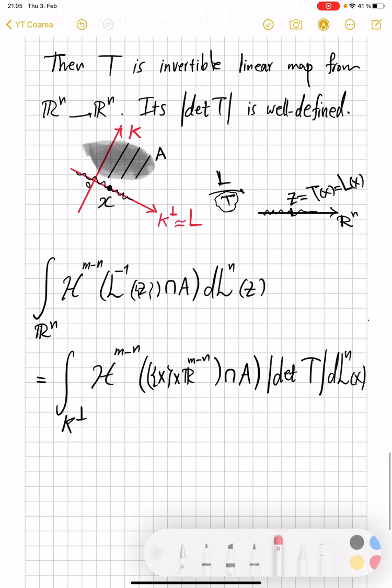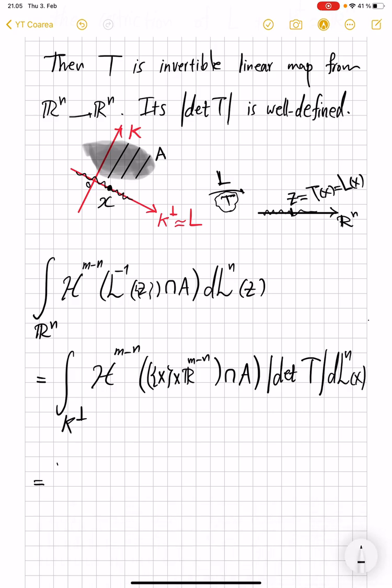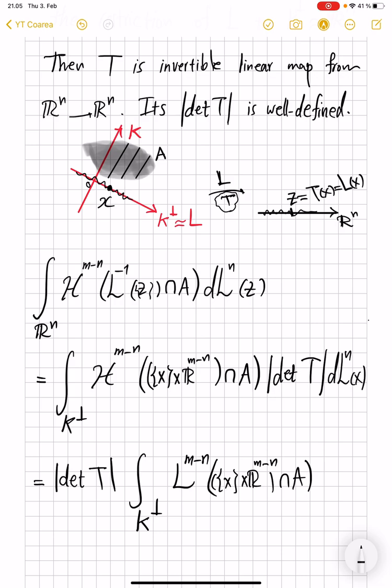But now determinant T is a constant and comes out of this integration. And then because I'm talking about the pre-images, these sets are just affine subspaces of Rm, basically. These are just Lebesgue measures of those sets. So this is the (m-n)-dimensional Lebesgue measure of x times R^(m-n) intersected with A. So of course there's this universal identification of each one of these fibers with a copy of K, which is R^(m-n).